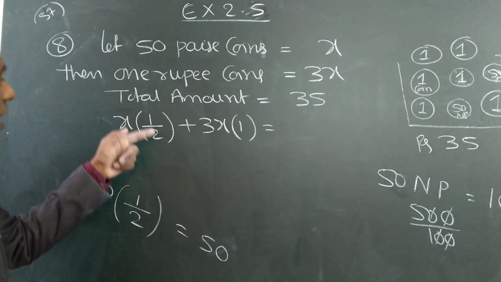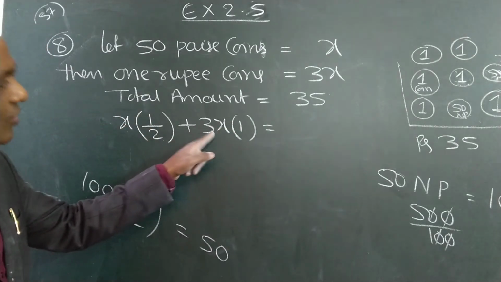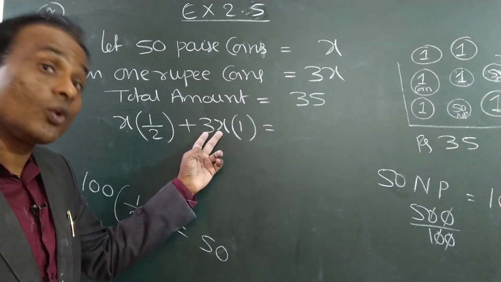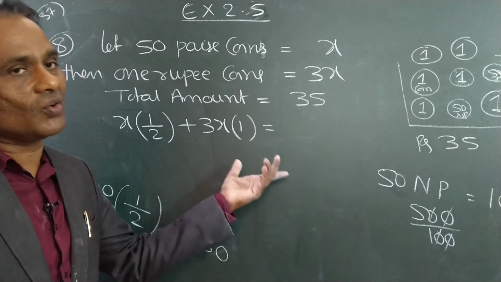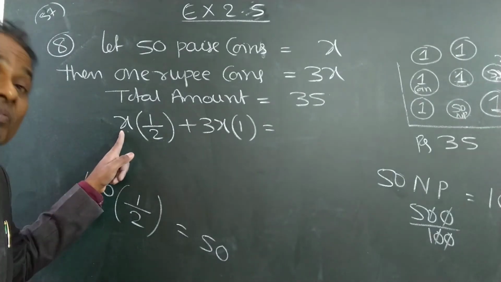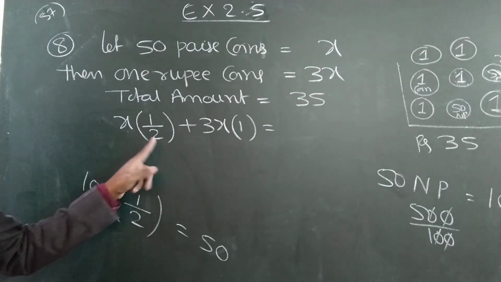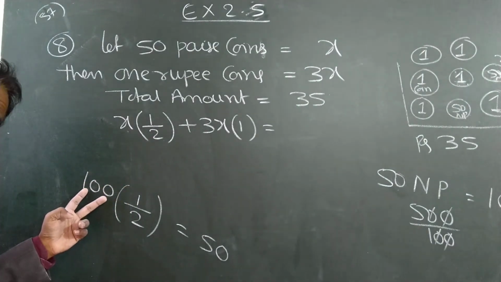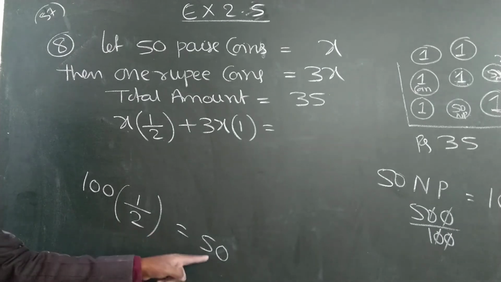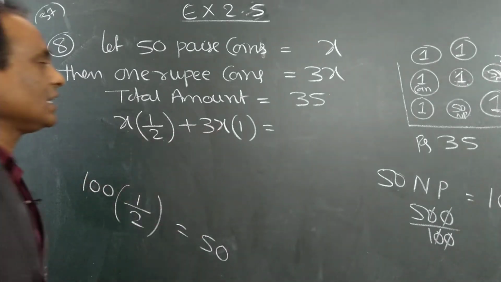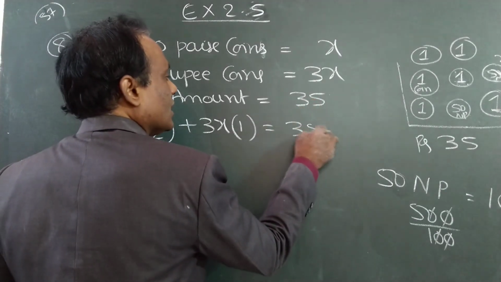So we have a total of 3x 1 rupee coins, each is 1 rupee, so into 1. But x 50 paise coins, each is half rupee, so that is multiplied with 1 by 2. All this is equal to 35.